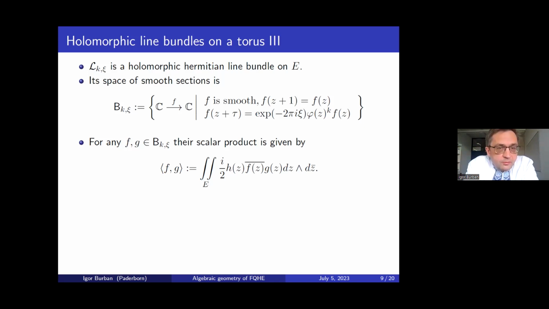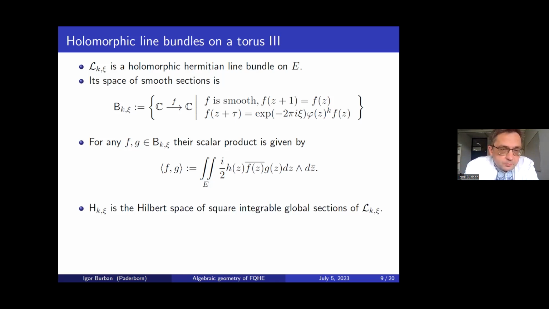And if we have such a scalar product, we can also speak about square integrable sections, not necessarily smooth, in the same manner as we go from continuous or smooth functions to L2 functions. And we get a Hilbert space. So actually, I want to come to some quantum mechanics again. For quantum mechanics, I need a Hilbert space.